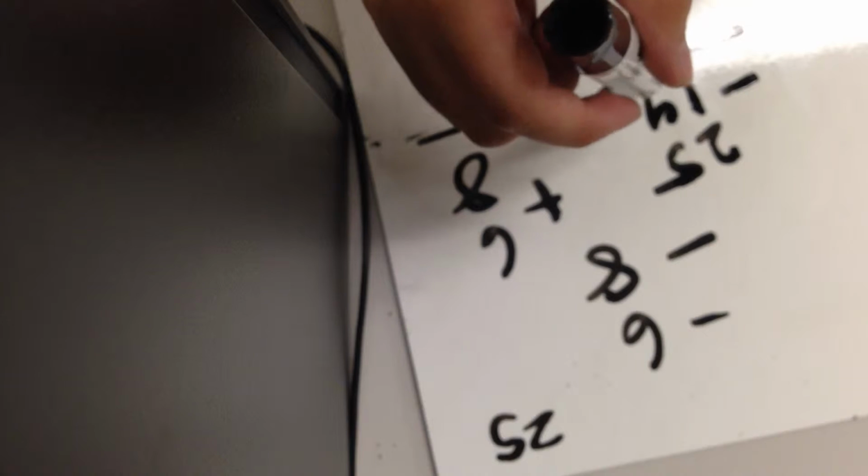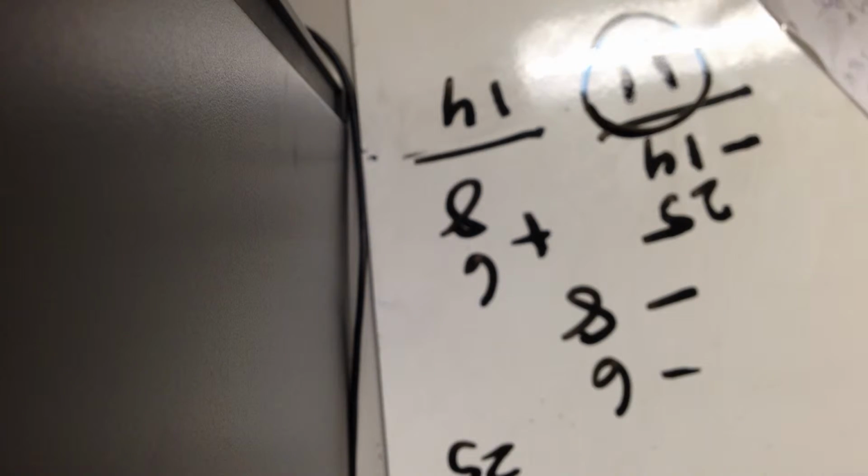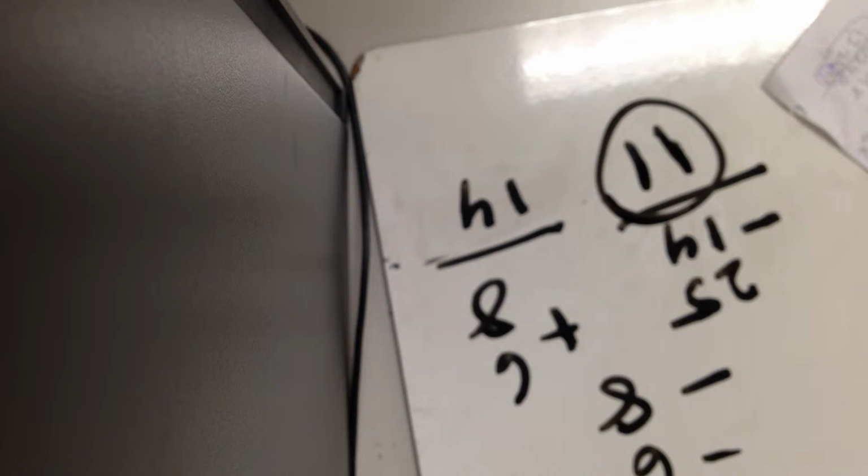Let's see, 5 minus 4 would equal 1, and 2 minus 1 is 1, which would equal 11 right there. Yep, that's the second question.